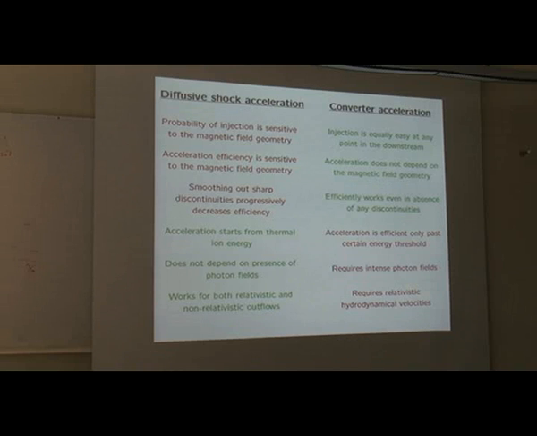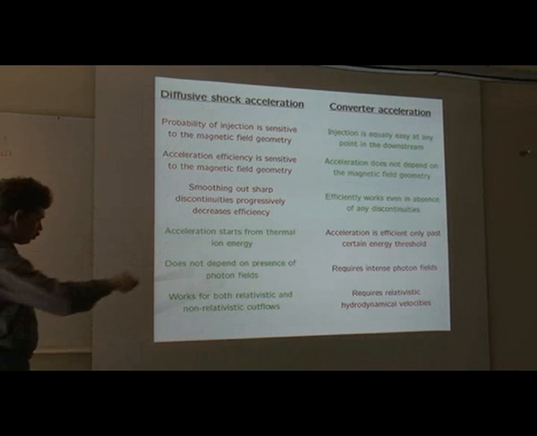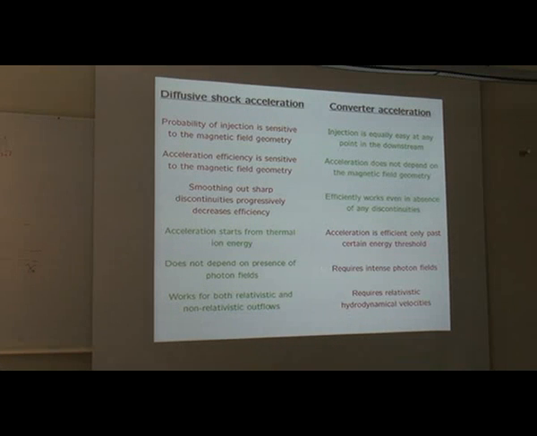And then one more point to Stockholm is that, as you analyze these requirements, it seems that all of them are on the theoretical side. We do not know about the magnetic field geometry, we do not know about the probability of injection in the shock. But these are theoretical questions. You cannot easily compute them from first principles.